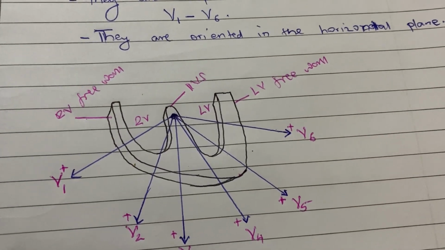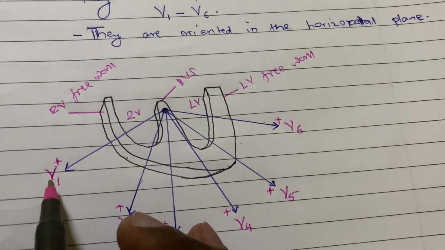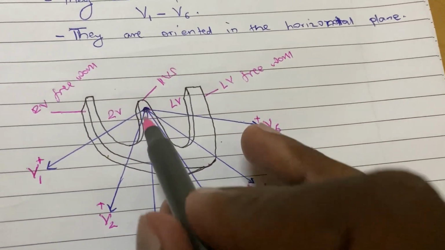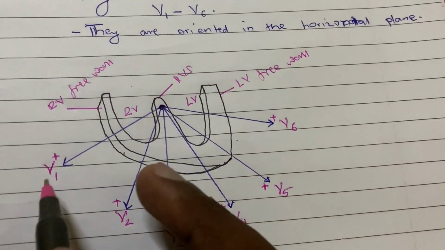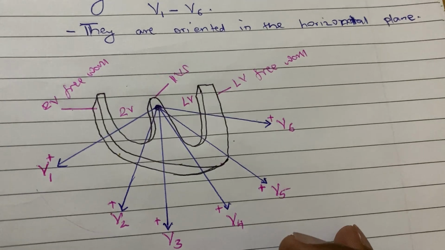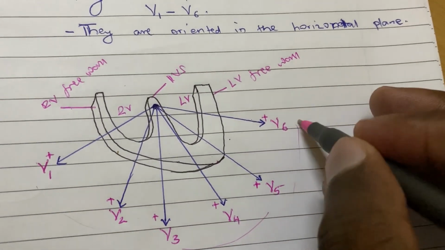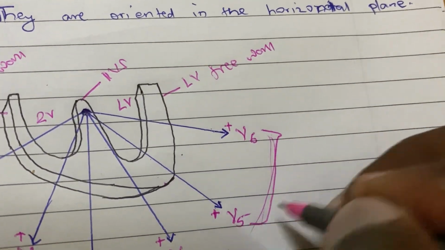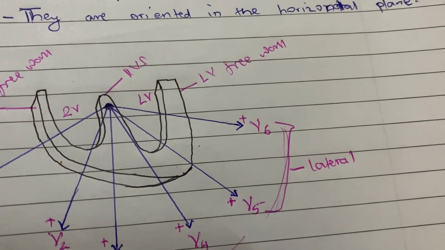Simple. And where we see, this one is seeing the RV free wall. This one is a bit septal, and these ones septal, anterior, these two, and then lateral. This is how they are labeled: lateral, anterior, lateral.